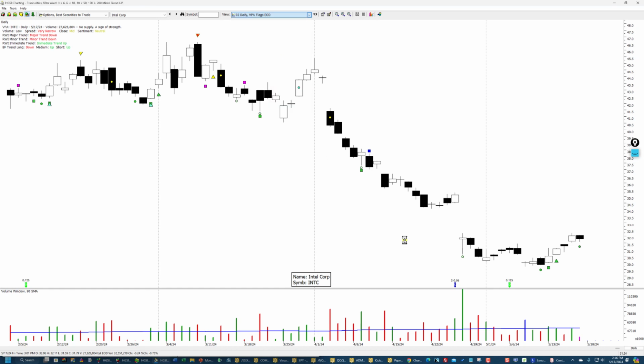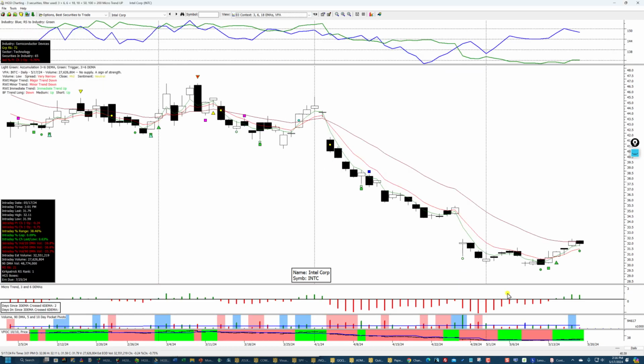And then if we look at the context with the 3-6, you can see the VPOC turned positive here. There was a pocket pivot volume here, and the 3 crossed the 6 back here. So we have a price action trend change, and we also have a 3 crossing the 6, which is a micro trend.